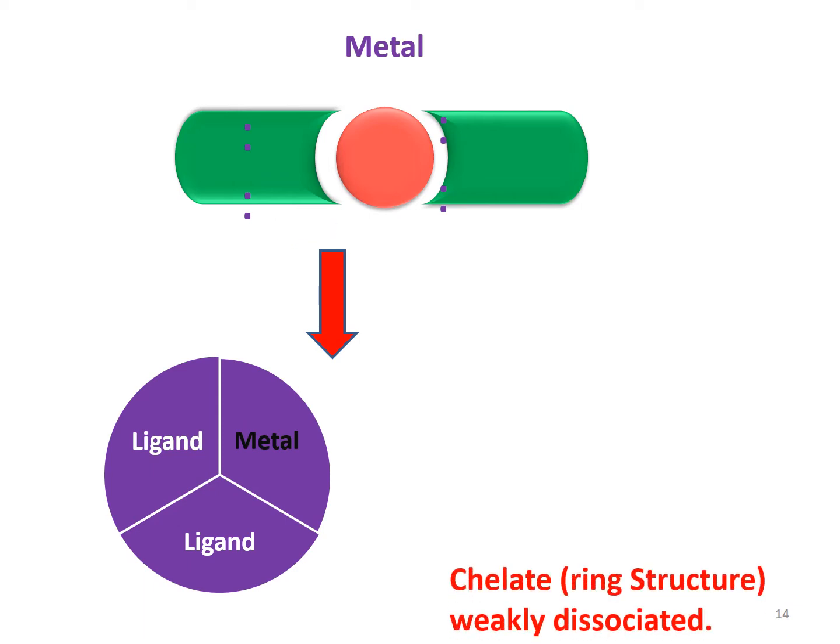A chelate is a ring structure, weakly dissociated complex, where the ligand is a polydentate attaching to the metal with more than one point, and in such a case the ligand is called a chelating agent.